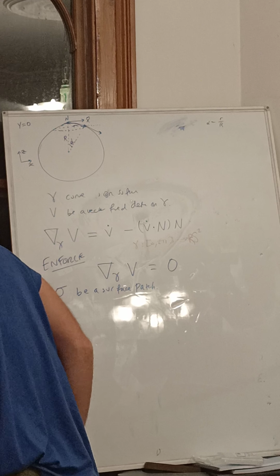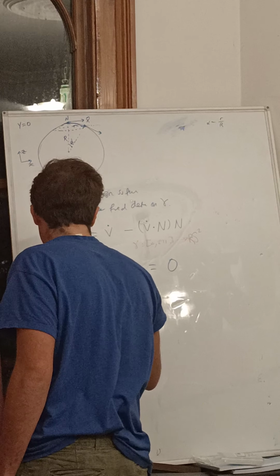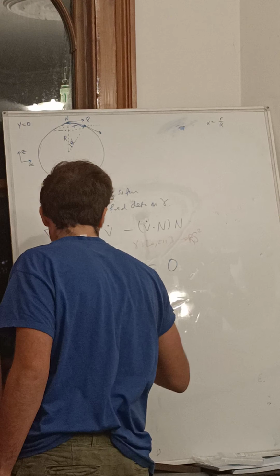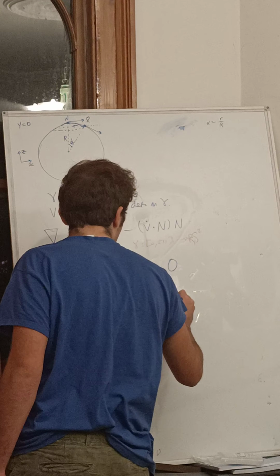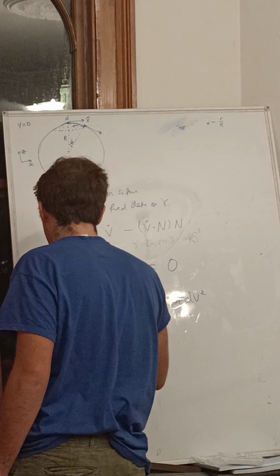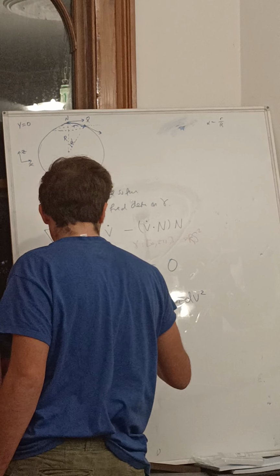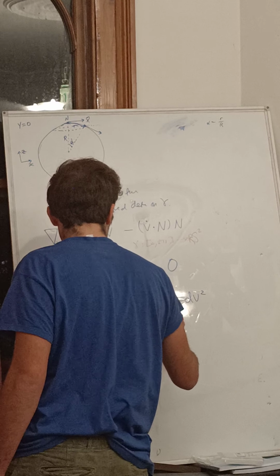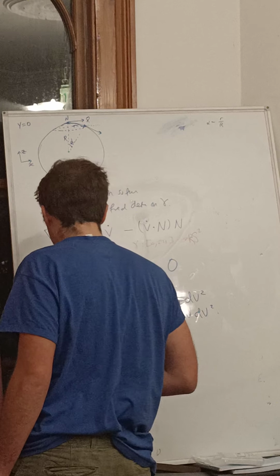And suppose that the first fundamental form is E du squared plus 2F du dv plus G dv squared, and the second fundamental form is L du squared plus 2M du dv plus N dv squared.